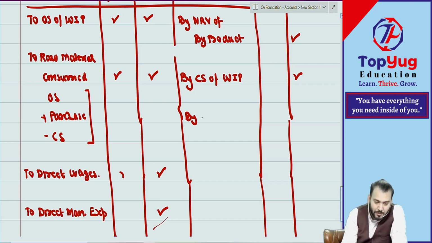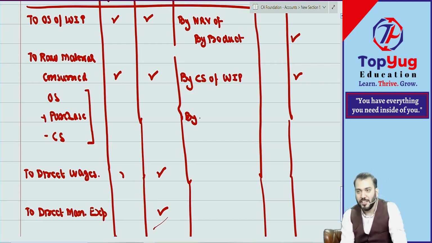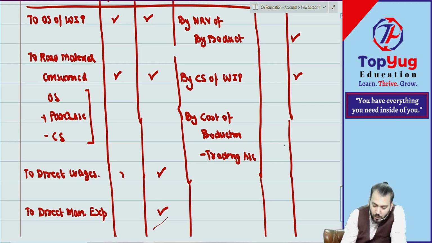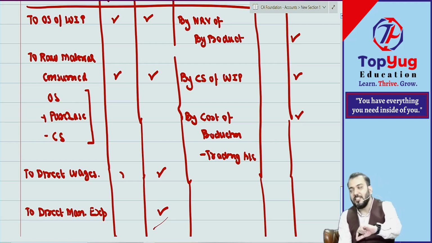By cost of production, we write down cost of production, and this cost of production will be transferred to which account? Trading account. Trading account means you'll close which account, and the balance will be transferred to which account? What journal entry will you do?